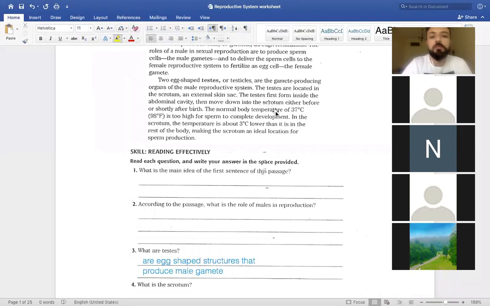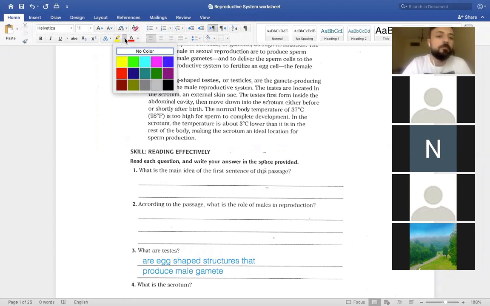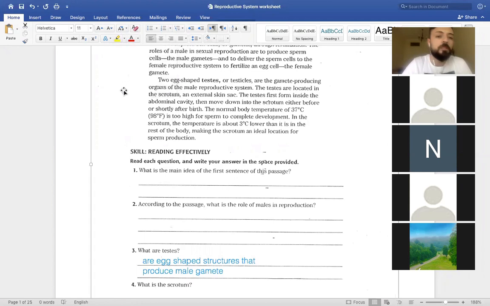Yeah. So the scrotum is an external skin sac. Why isn't the highlighter working? Type. So it's there, boys. The scrotum is an external skin sac.